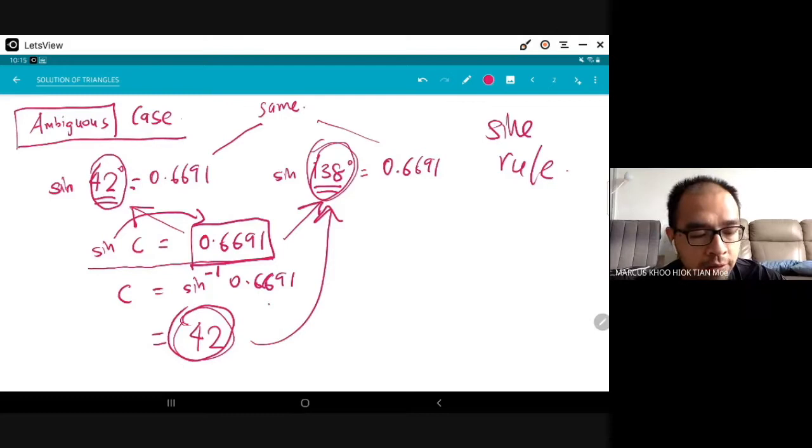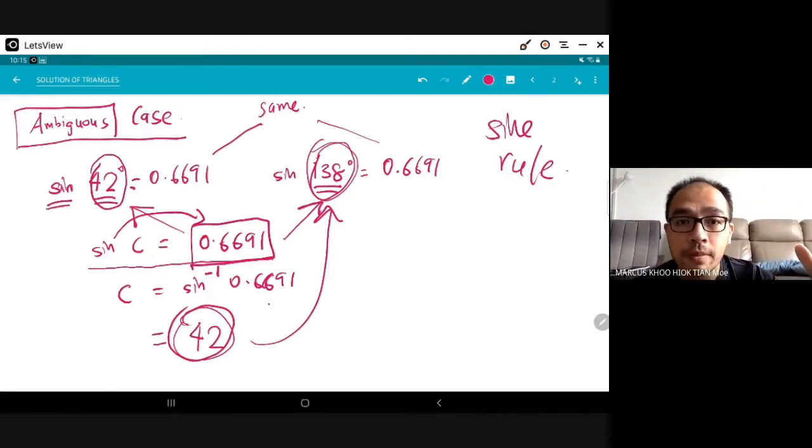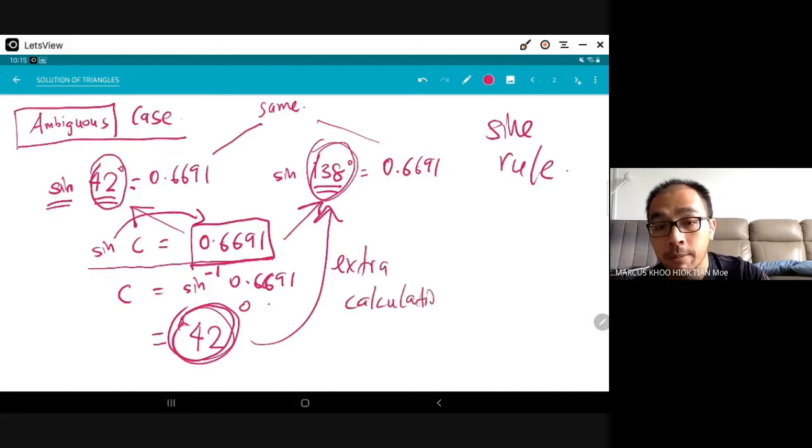Everything that involves sine will have this ambiguous rule. You just have to know what are the situations where we use the original angle or we have to do an extra calculation. So when I do the shift sine, do I need to do the extra calculation? That is the question we want to answer today. So let's take a look and see how.